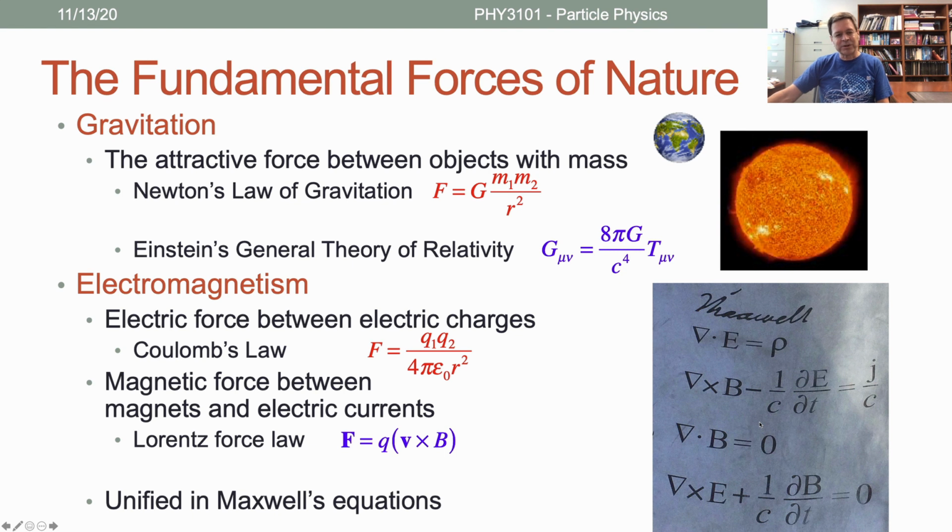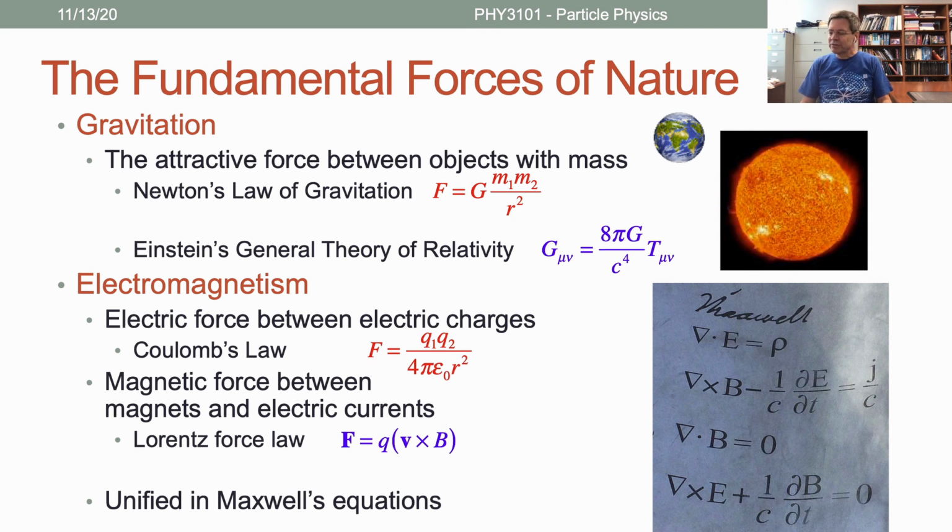This is a differential form, the vector calculus form, where you have the divergence of the electric field or the curl of the magnetic field related to changes in time of the electric or magnetic fields. More likely you learn the integral form of Maxwell's equations. But nevertheless, both phenomena are unified by one description.